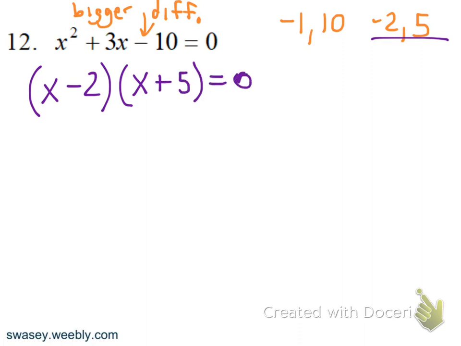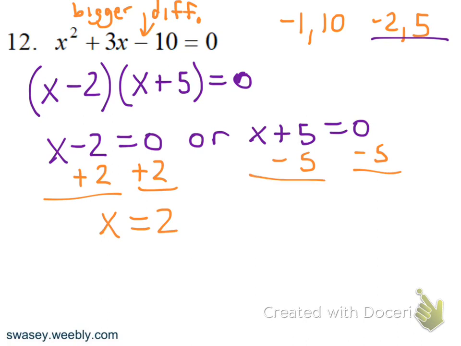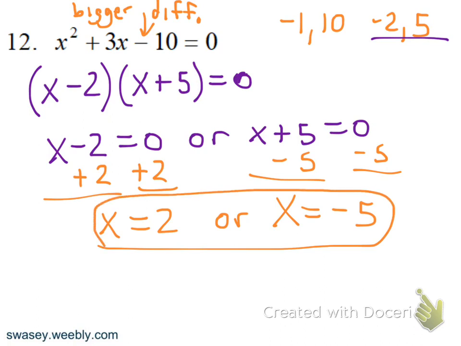Got a product equal to 0, set each factor equal to 0 and solve. So we have two solutions, 2 or negative 5.